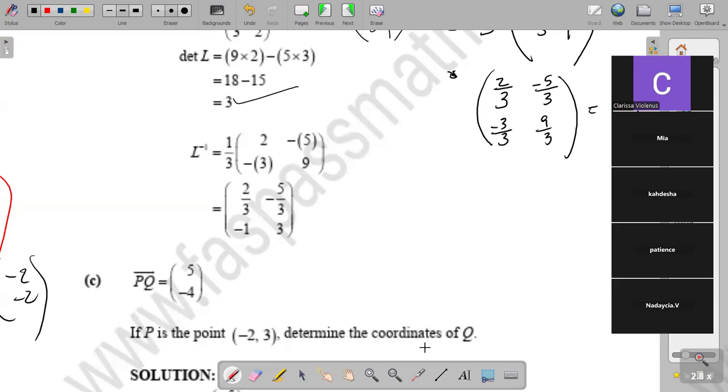If P is the point -2, 3, determine the coordinates of Q. Does everyone know what to do here? Somebody give me some suggestions. What do you think you need to do? What operation do you think you need to do here?